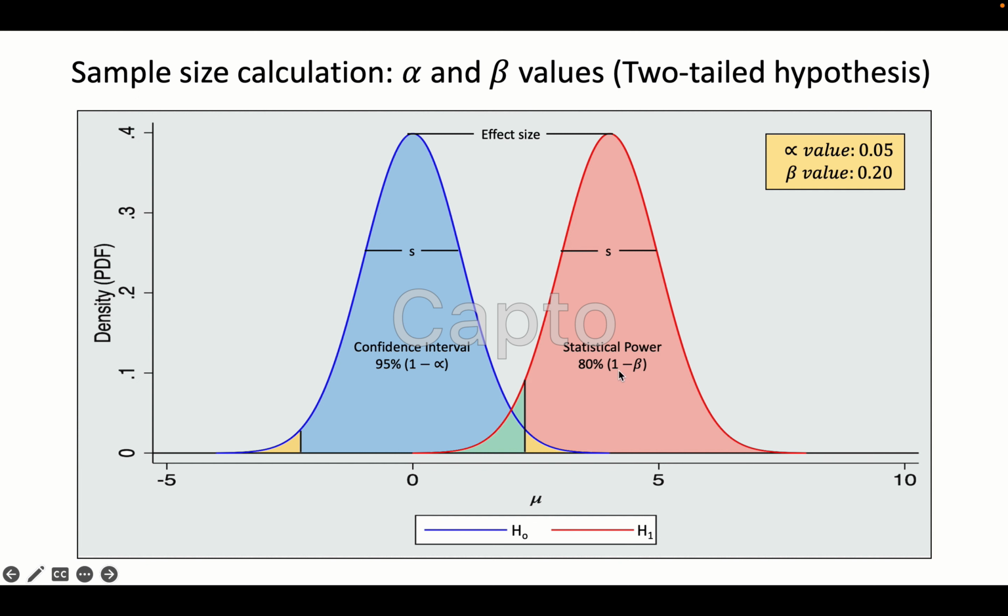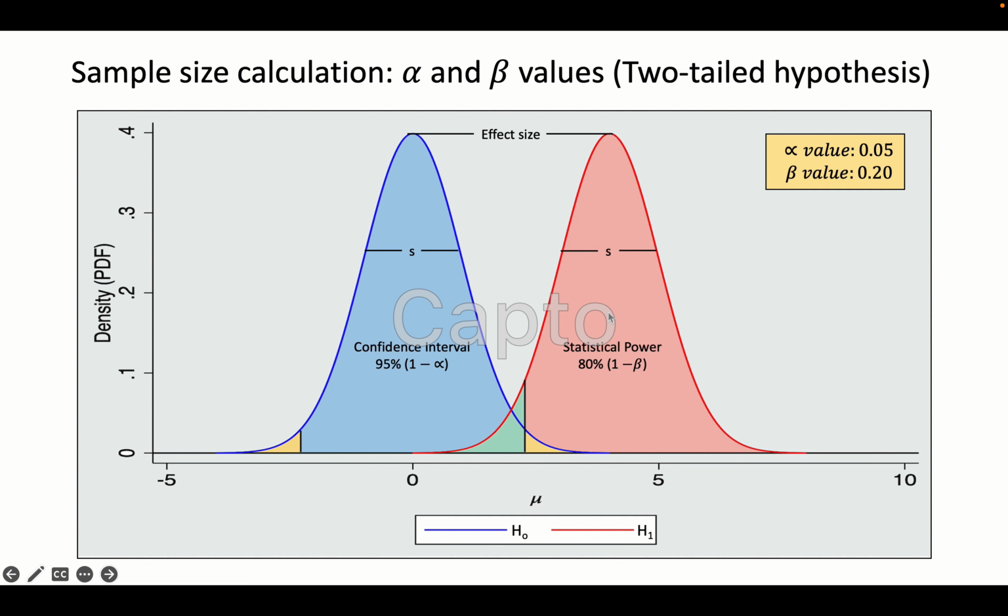Because if you wanted to increase the alpha value, that means that this line here is going to be here, more or less here. I will show you in my next slide. So that means that the statistical power is going to be increased. But if you wanted to decrease the alpha value, the line would be here, right? So that means that your statistical power is going to be decreased.